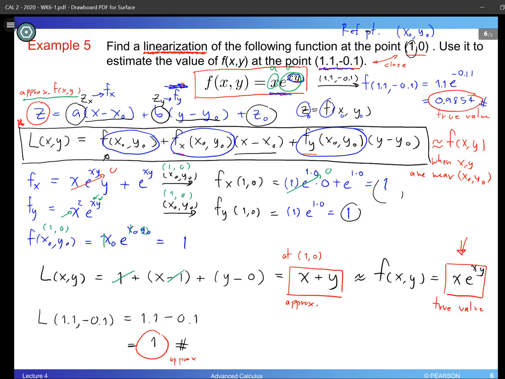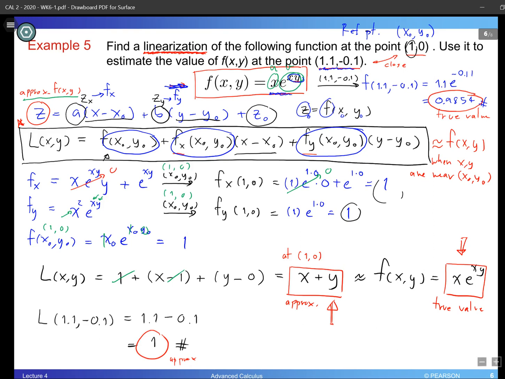Okay, so you might ask me, why do we need to use approximation when we have an error? The thing is, as you can see here, approximation that we have right here is so simple to calculate compared to this x times exponential x to the y, sometimes you might not have a calculator. So you might choose the approximation to be good enough. So that's up to you.